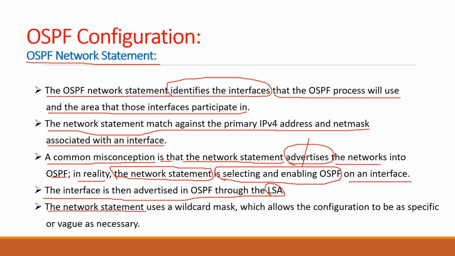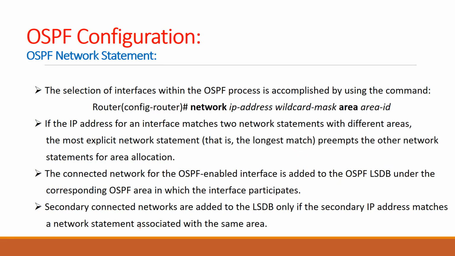The network statement uses a wildcard mask, which allows the configuration to be as specific or vague as necessary. The selection of interfaces within the OSPF process is accomplished by using the following router subcommand.